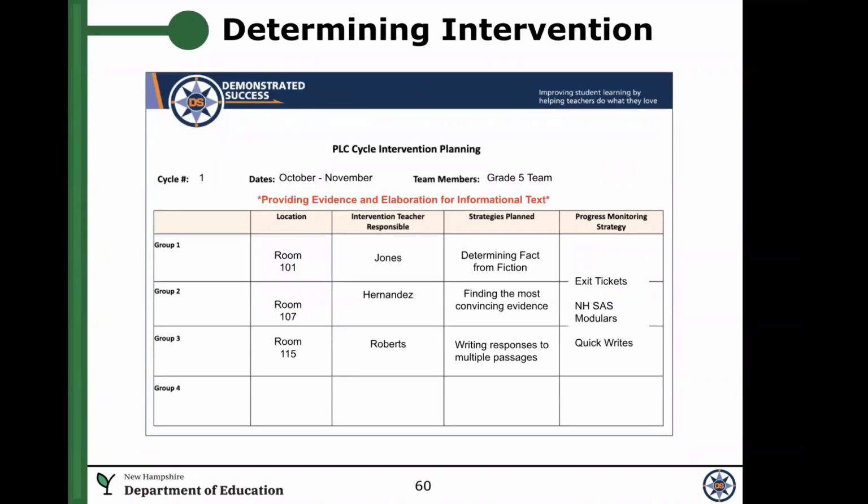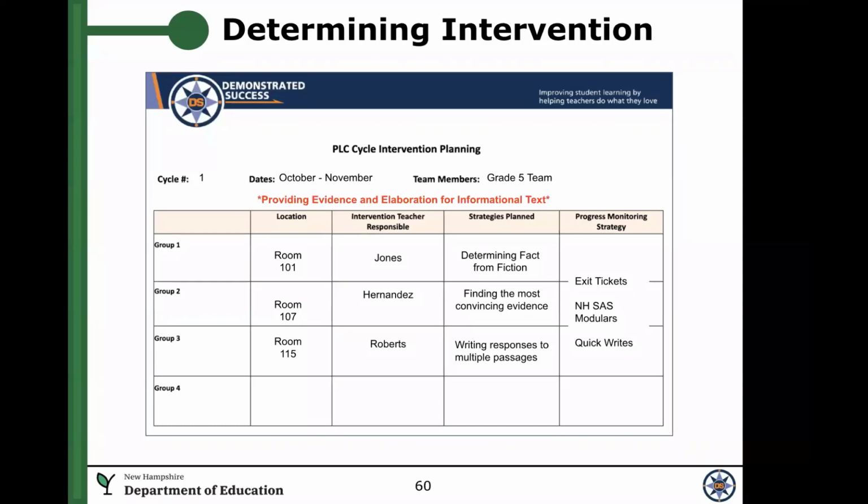And this might be some of the options that I would have for my intervention for providing evidence and elaboration for informational text. Some of my strategies might be that some of my kids might need to figure out the difference between fact and fiction, right? Maybe some of my students need to find the most convincing evidence within a text.